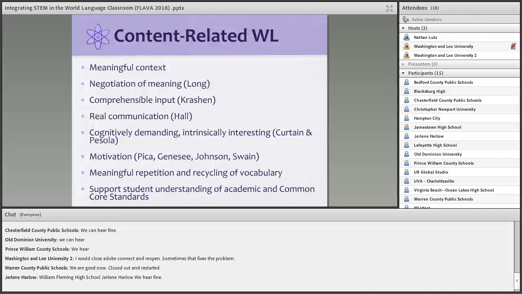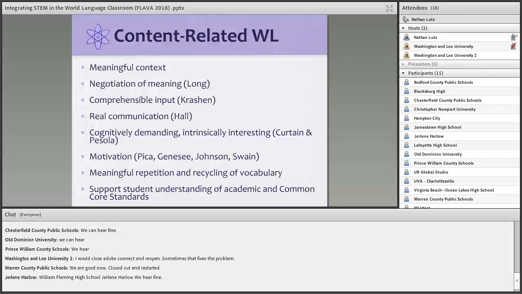So we have to have something to talk about. So, what do we talk about? Well, I really dislike that old crusty lesson of teaching school supplies because it's just not really relevant to them. It's not intrinsically interesting. It's not motivating. But instead, we talk about things in the real world that get them really interested. So there's a meaningful context for what they're learning about.